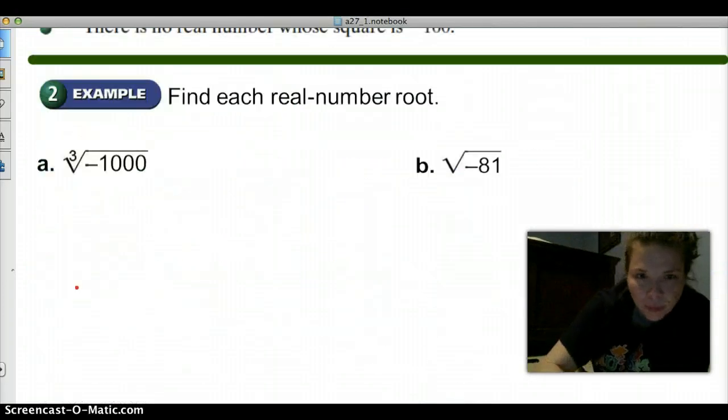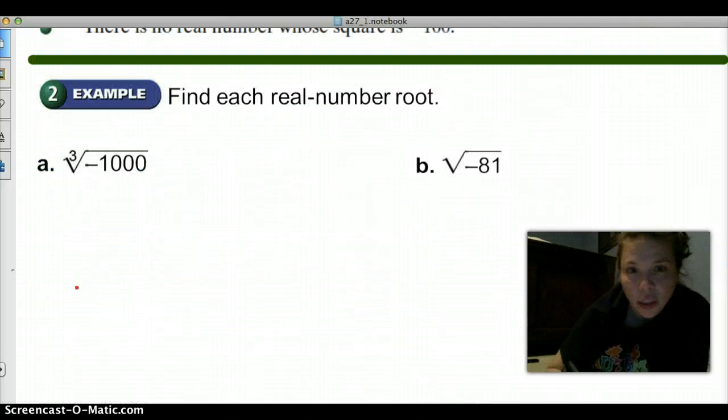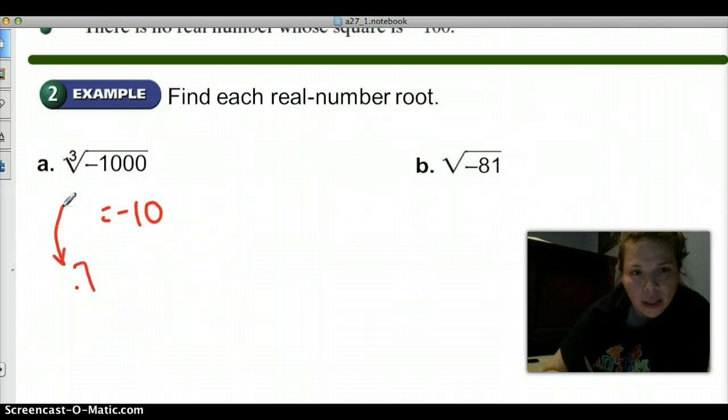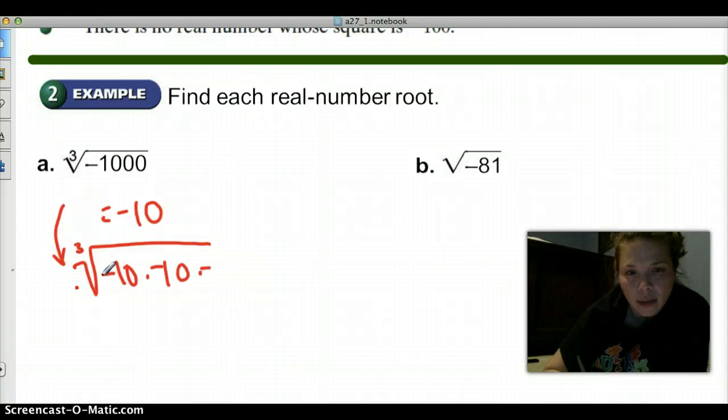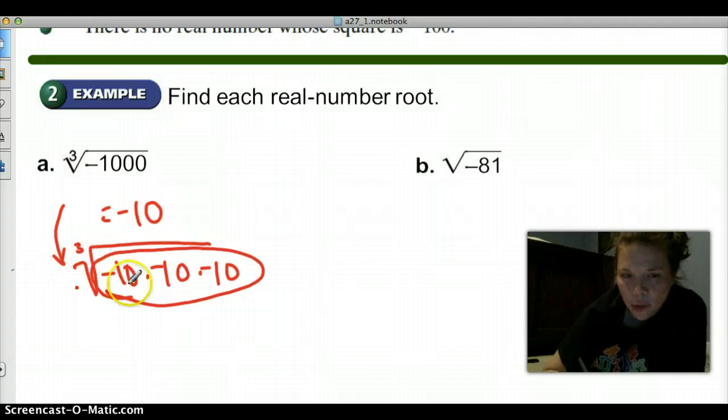Okay. So find each real number root. Cubic root of negative 1,000 is just going to give us negative 10. And we're done. And again, that is the same as negative 10 times negative 10 times negative 10. We have a group of 3's. We are doing a cubic root, so it would be negative 10.